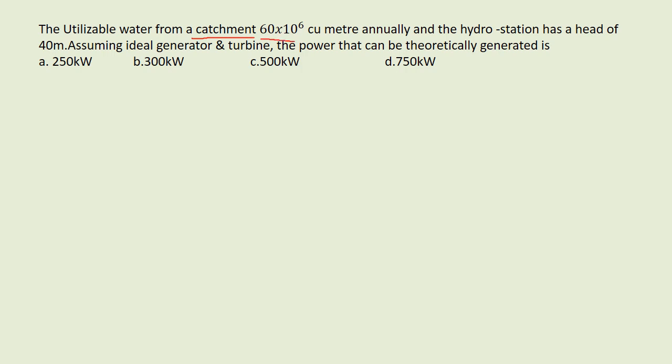It catches 60 into 10 raised to the power 6 cubic meter annually, and the hydro station has a head of 40 meter. Assuming an ideal generator means 100% efficiency. Wherever you hear ideal, you should understand that it is 100%, for both generator and turbine.